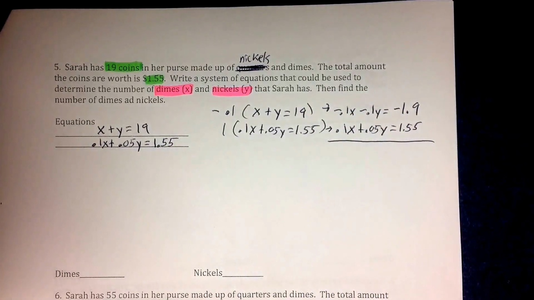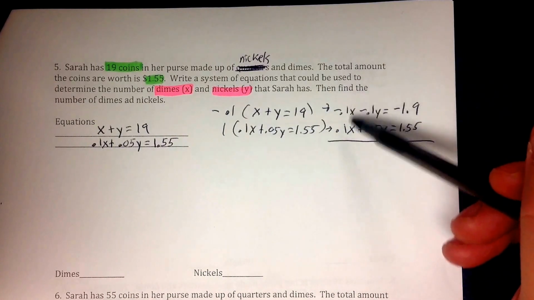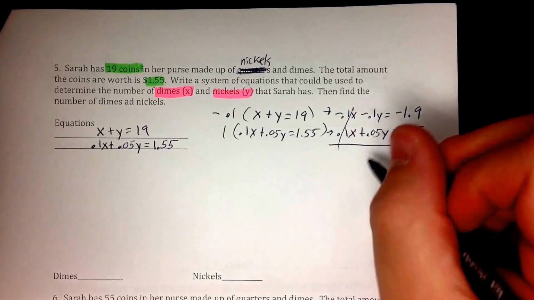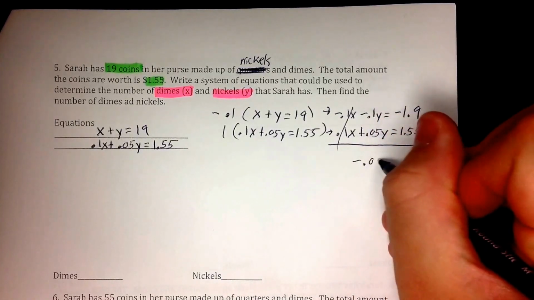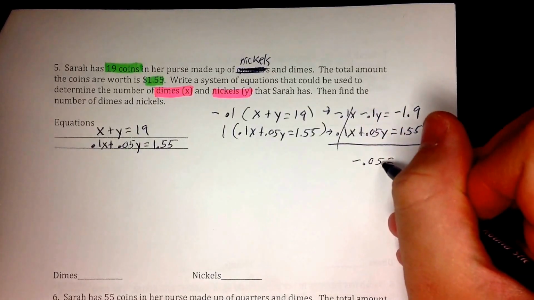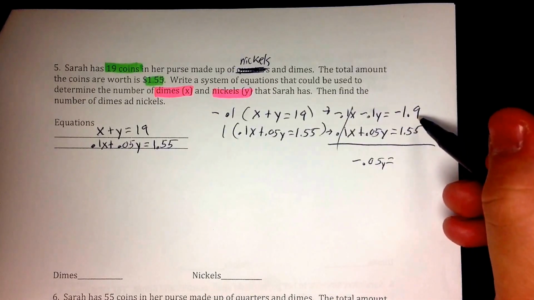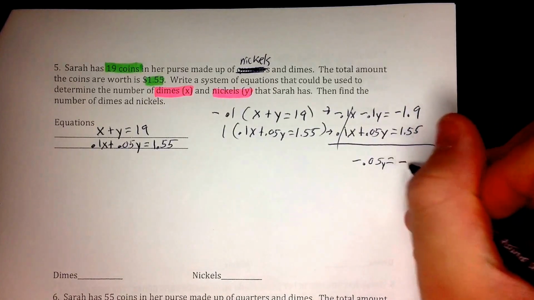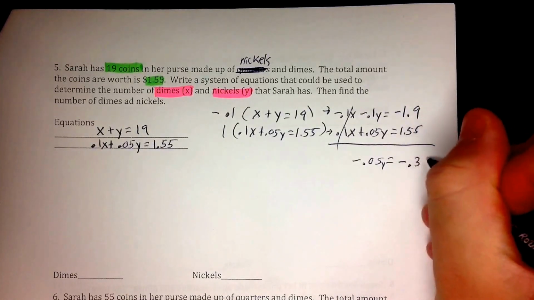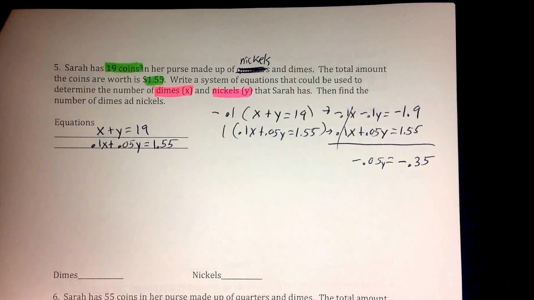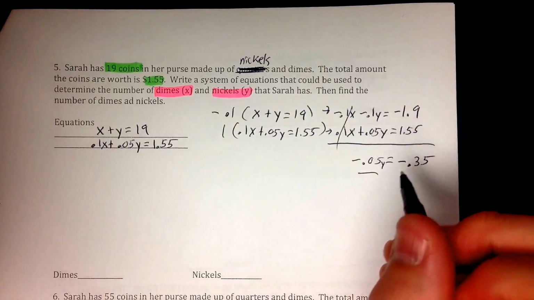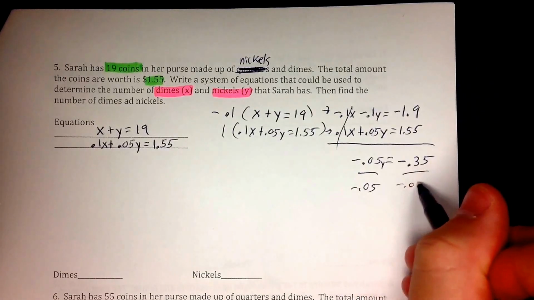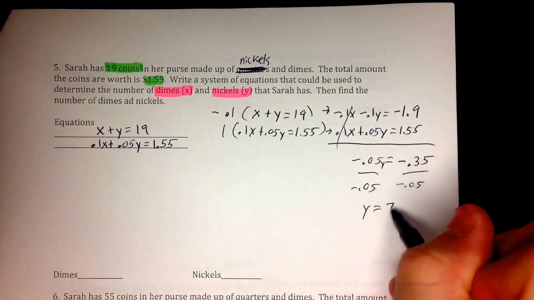So now if I add the two together, again, negative 0.1 and 0.1 cancel. Negative 0.1 plus 0.05 is negative 0.05y. And negative 1.9 plus 1.55 would be negative 0.35. Then divide both sides by negative 0.05, and you get y equals 7.